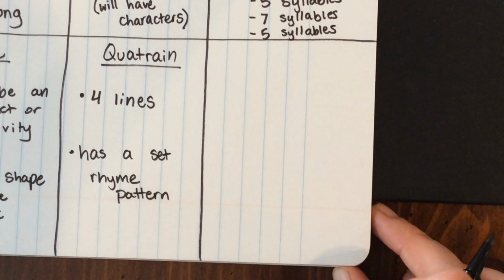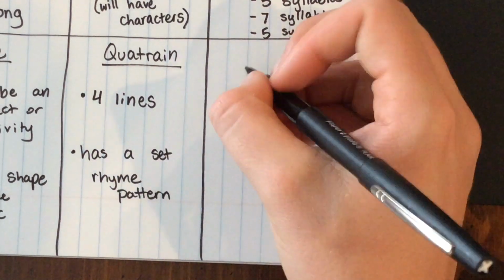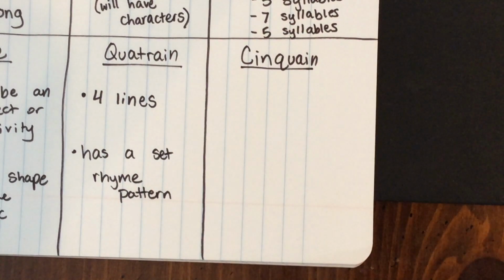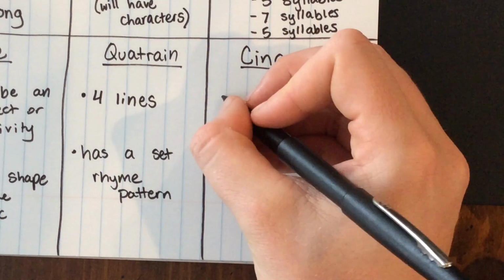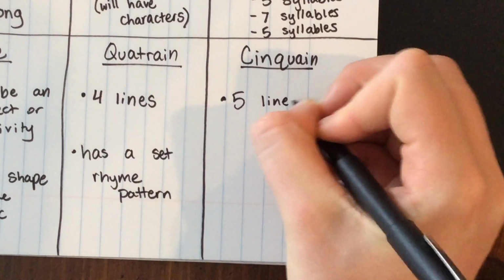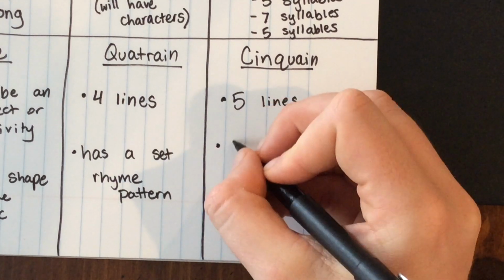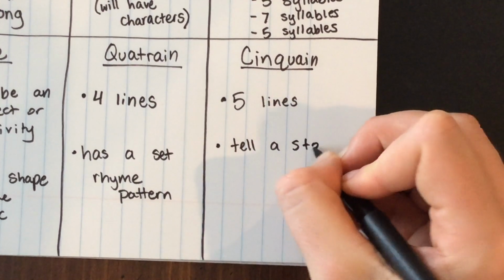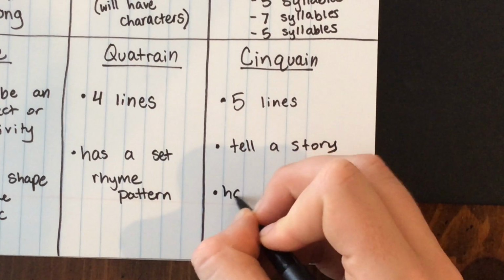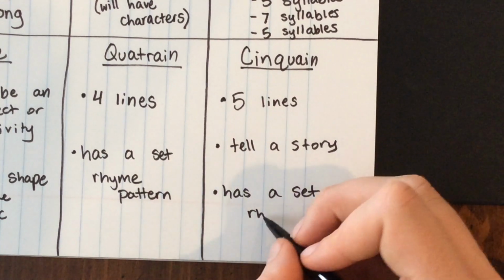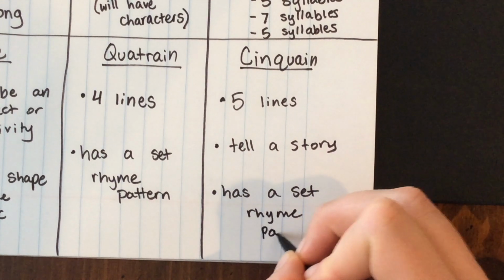And then the last one, and it kind of relates to quatrain, is called a cinquain poem. Now, if you've ever heard of Cinco de Mayo, cinco is 5 in Spanish, and so cinquain poems have 5 lines. And so if they have any more than 5 lines, it's not considered a cinquain poem. Cinquain poems tell a story. And they also have a set rhyme pattern.